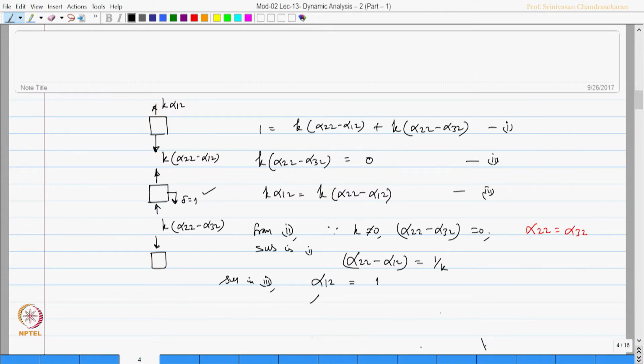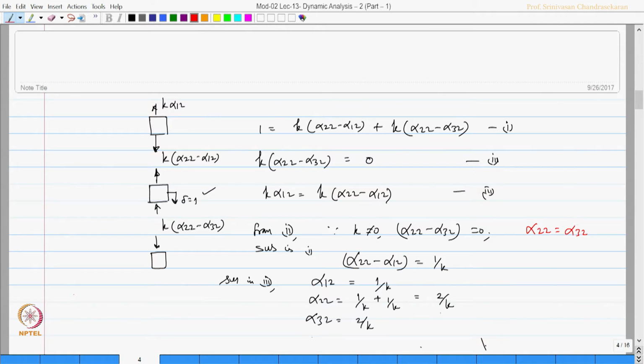So, therefore, alpha 2 2 is 1 by k plus alpha 1 2, which is 1 by k plus 1 by k, which is 2 by k, and alpha 3 2 is also equal to 2 by k.